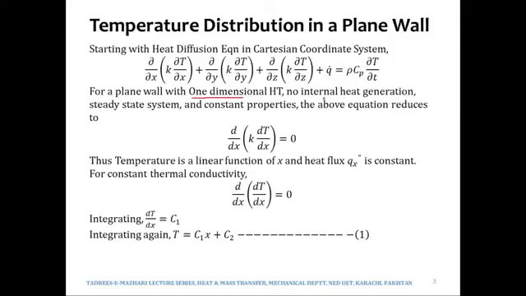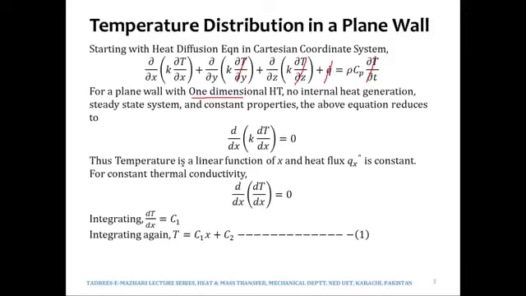There is no internal heat generation in the wall, the system is working under steady state conditions, and the thermal conductivity is constant. So the second term will vanish, the third term will vanish, there is no internal heat generation, and the system is working under steady state condition. So we will be left with one term only, which is ∂/∂x of (k ∂T/∂x), which can then be written as d/dx, the partial derivative being replaced with a d.